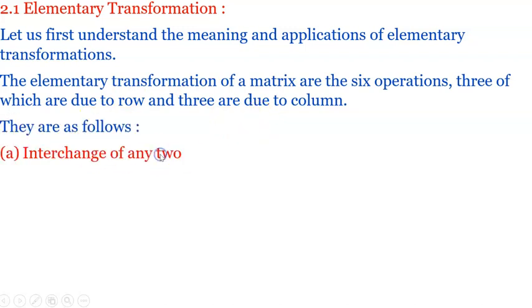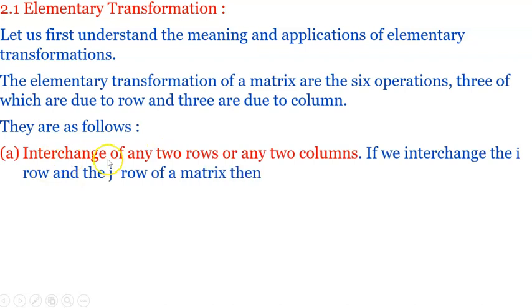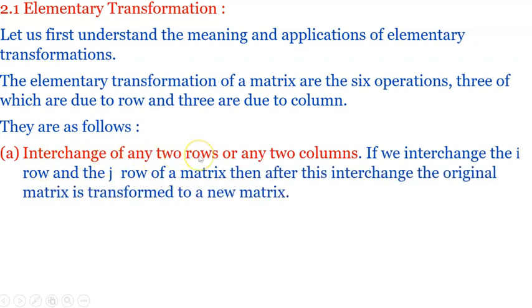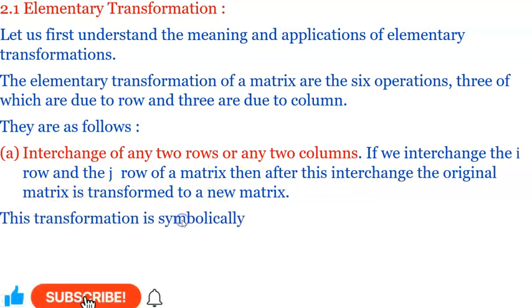They are as follows. First, interchange of any two rows or any two columns. If we interchange the ith row and the jth row of a matrix, then after this interchange, the original matrix is transformed to a new matrix.